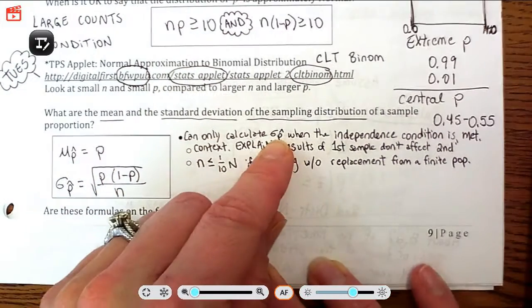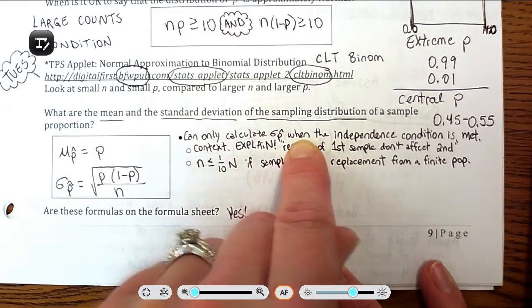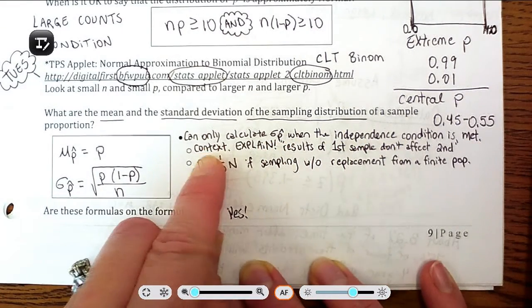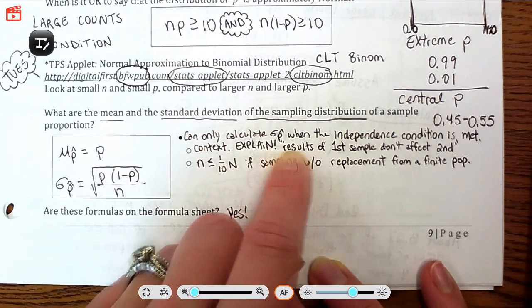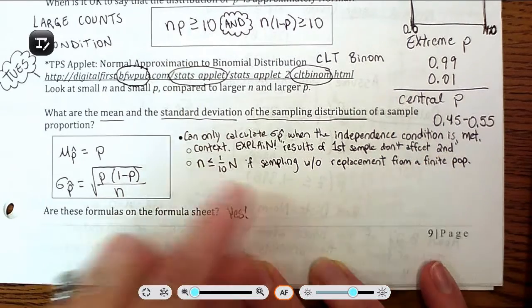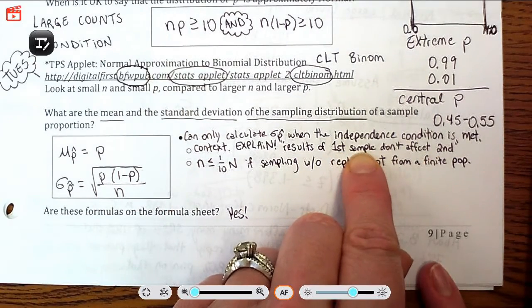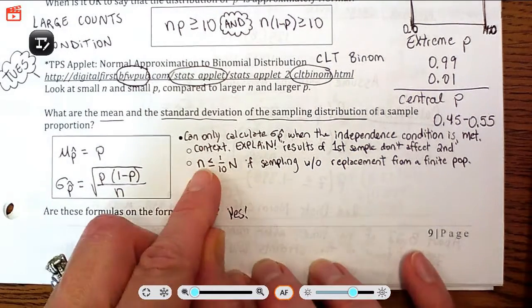We can only calculate sigma p hat, the standard deviation of the sampling distribution of p hat, when the independence condition is met. So we determine that in one of two ways. By context, we have to explain that the results of one sample don't affect the results of the second. The results of every individual chosen in your sample don't affect sequentially chosen people in your sample.